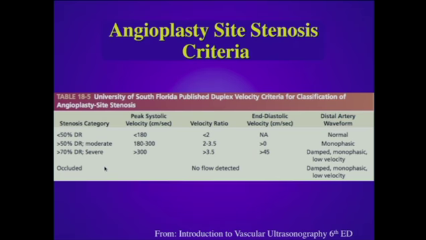For a severe stenosis greater than 70% diameter reduction, they recommend looking for a peak systolic velocity greater than 300 centimeters per second, a velocity ratio greater than 3.5 to 1, and an end diastolic velocity greater than 45 centimeters per second. And of course, with a severe lesion, you would expect to see damped, monophasic, tardus parvus waveforms distal to the stenosis.